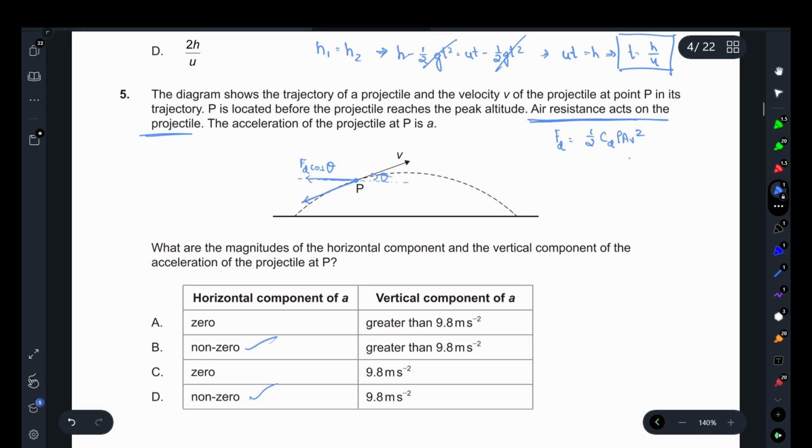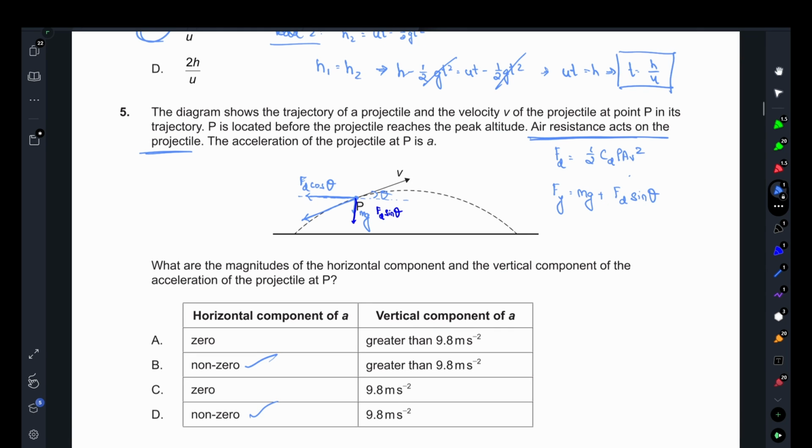Now let's look at our vertical components. The projectile has a mass m, so it will be pulled downwards with a force mg. You also have the component of drag force, and because it's at an angle, you have this Fd sine theta. So your Fy, the net force in the y-axis, is equal to mg plus Fd sine theta.